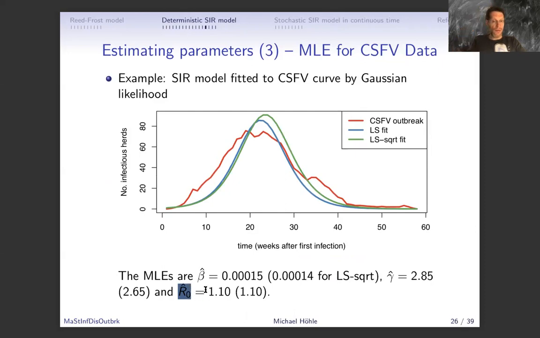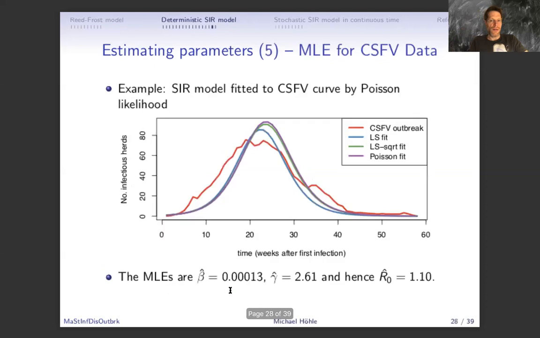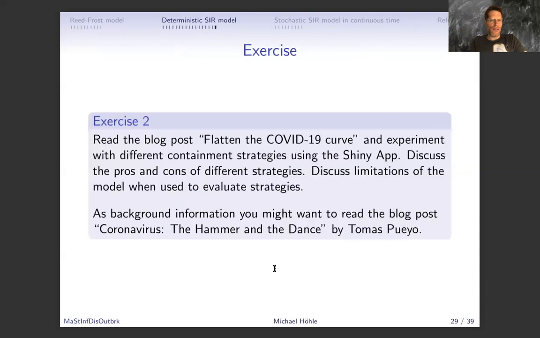Here you say that the average number of secondary cases expected in a totally susceptible population will be 1.1 in this case, right? And the estimates here for the Poisson are more or less the same, right?